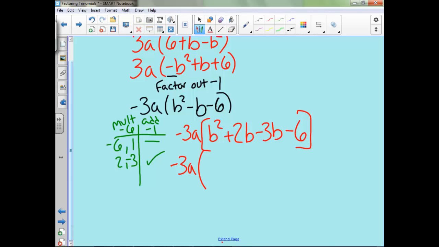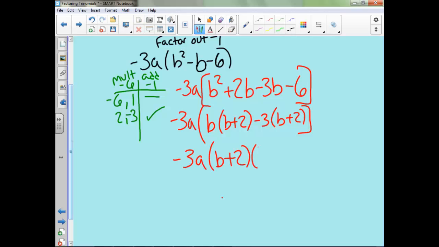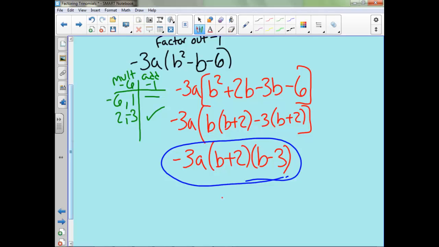And so out of the first two, we can factor out a b. Now these second two we can factor out a negative 3. So then we've got b plus 2 and b minus 3. Once again, keep in mind if you wanted to check with multiplication, that's fine. You should get where we started.